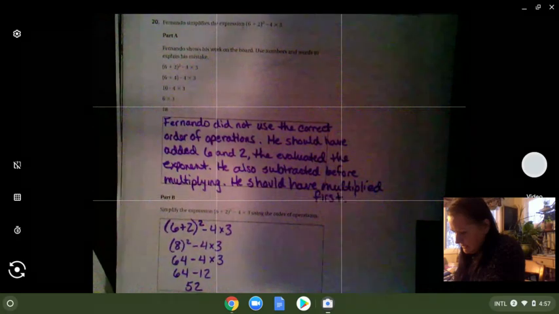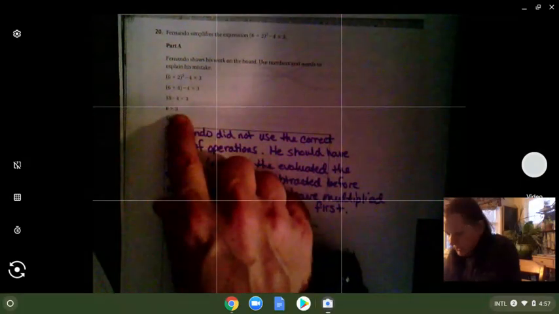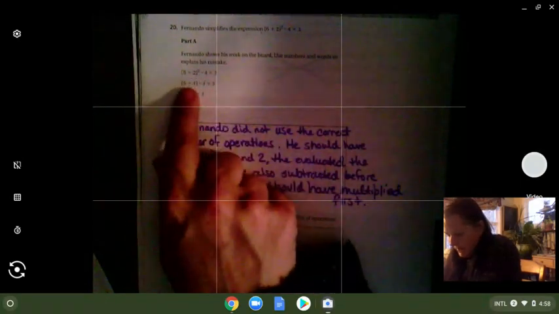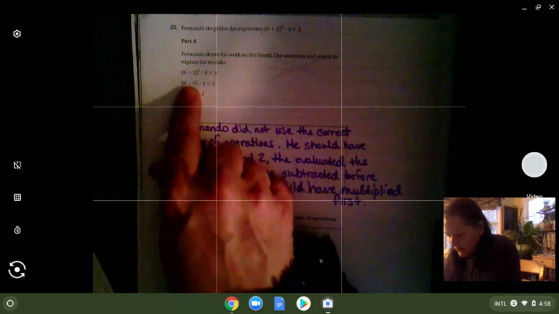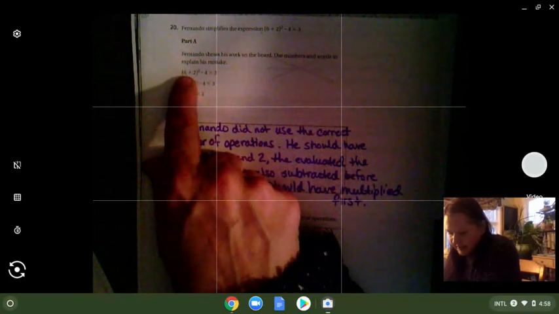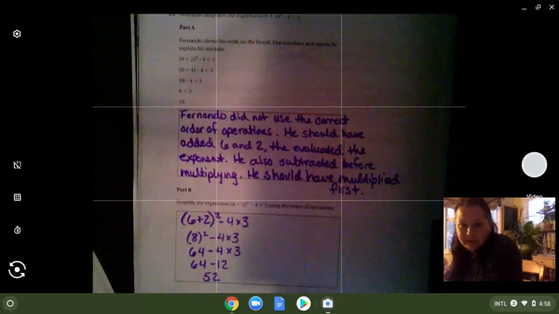All right. So Fernando is simplifying this expression up here, and you have to find his mistake. And so I see it right away, because here he should have done what was in the parentheses first, which would have been to add the 6 plus 2. But instead he did the exponent, but the exponent is on the outside of the parentheses. So we want to explain that.